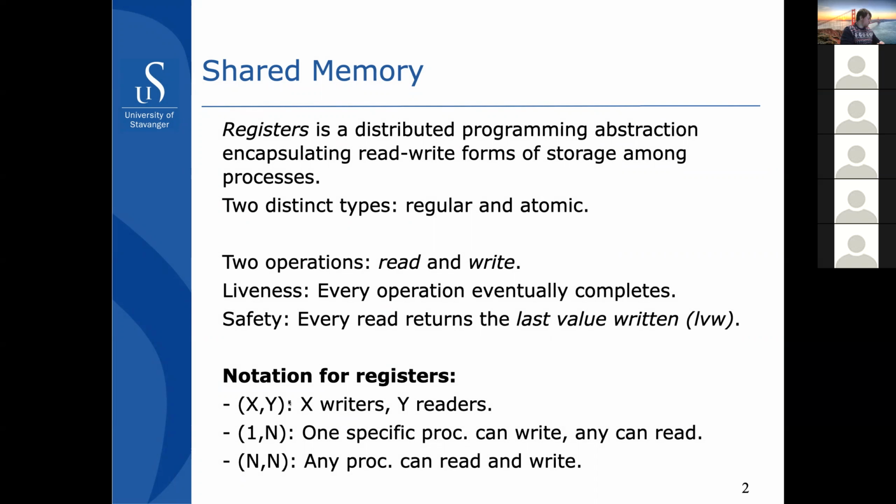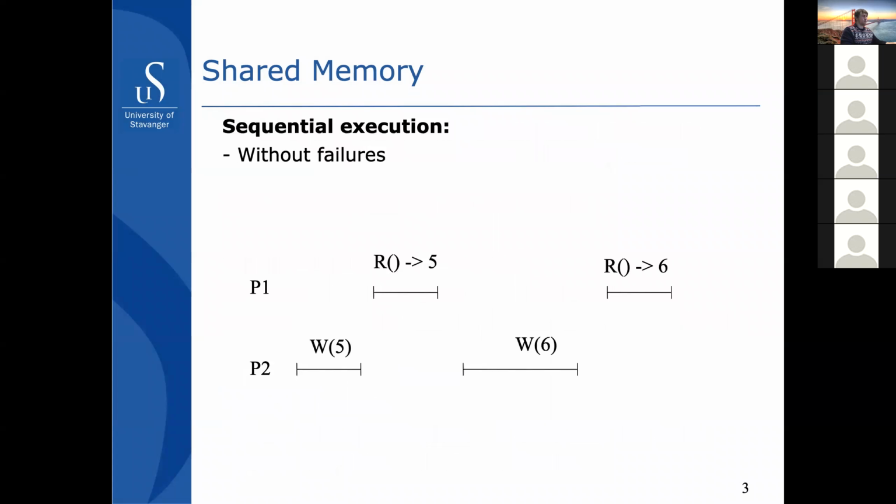So what is this last written value? Consider we have this scenario here, and everyone can see that this is very nice and easy. We have two processes, and one process is writing the value 5. Afterwards, P1 can read the value 5.